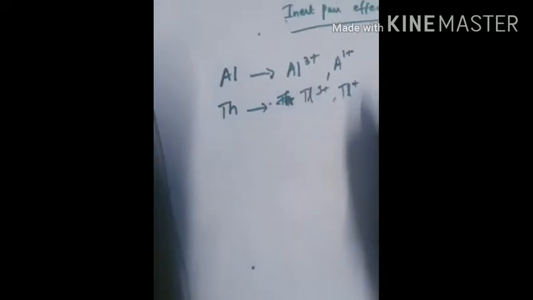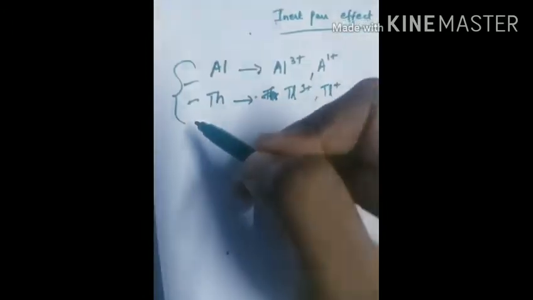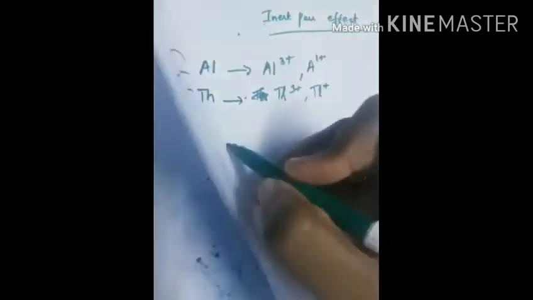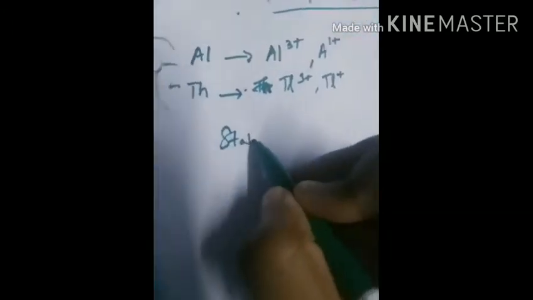Now in this aluminium and thallium case, we have to analyze which is more stable before going to the inert pair effect, because the stability of an element depends upon the inert pair effect.